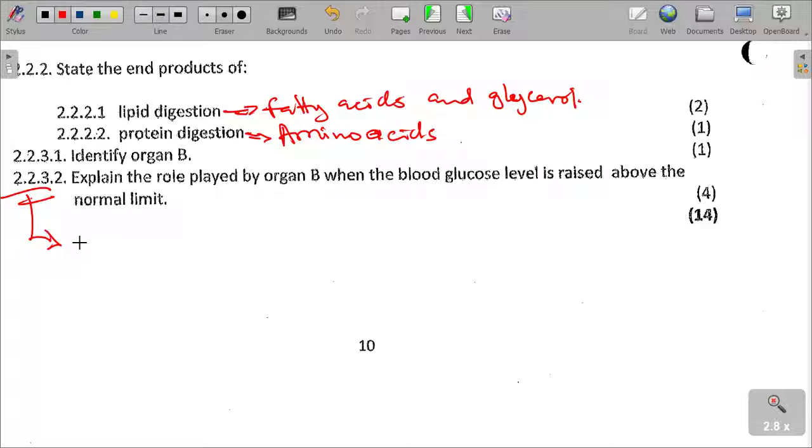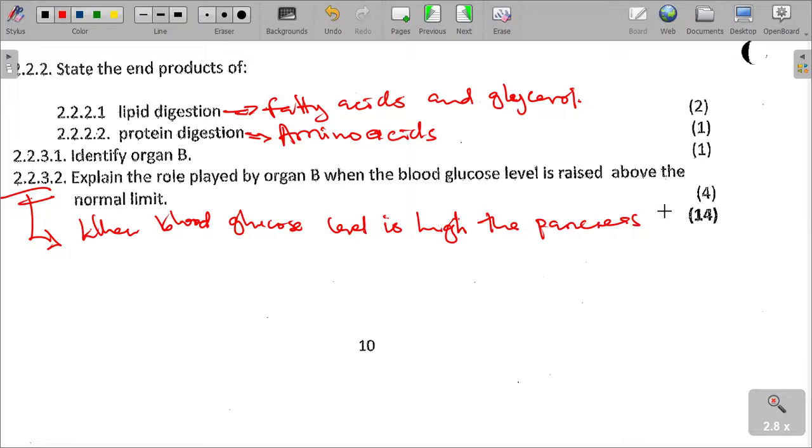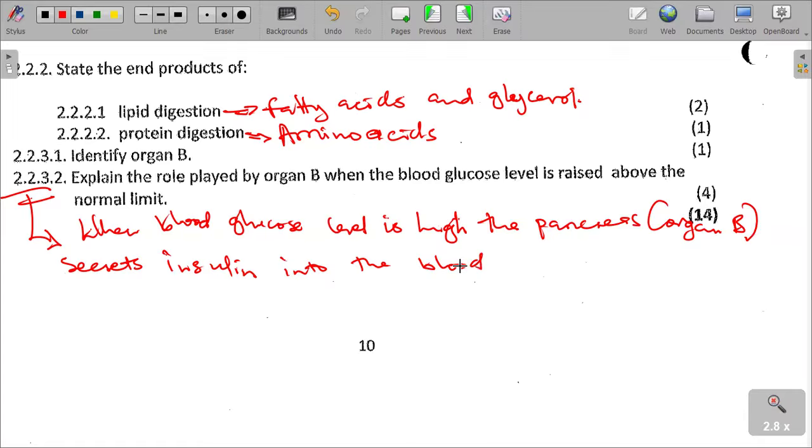When blood glucose level is high, the pancreas, or organ B, secretes insulin into the blood. Insulin decreases the blood glucose level.